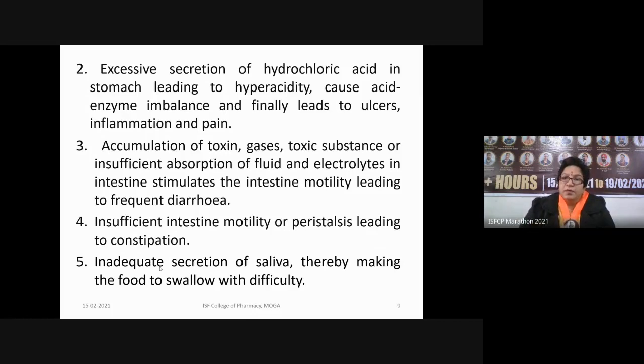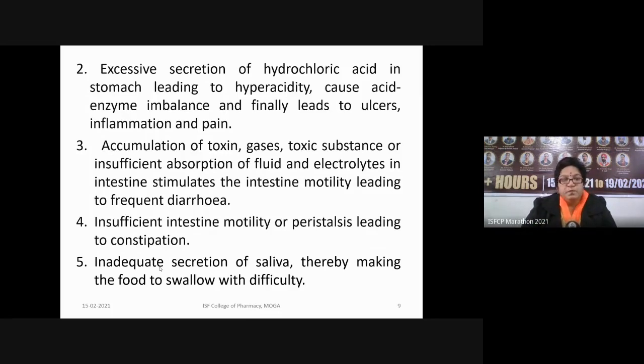If it is not utilized, then obviously there will be a problem in the acid enzyme balance, and if the acid is more, it can even lead to ulcers, which is a very painful condition.